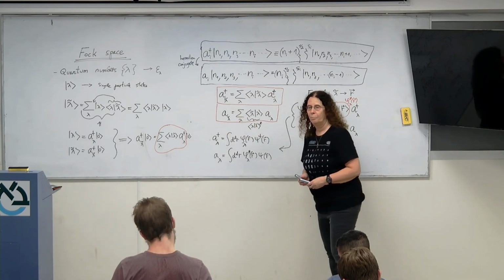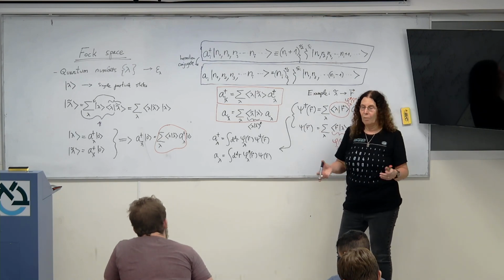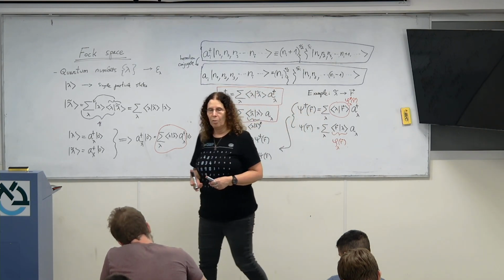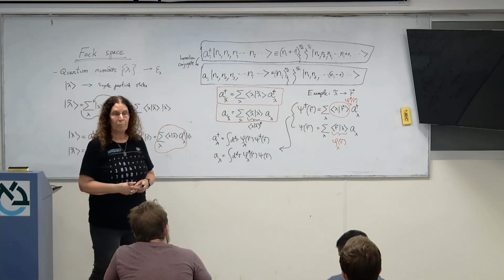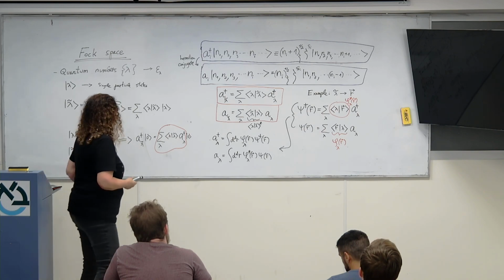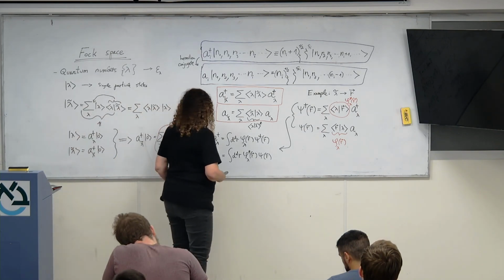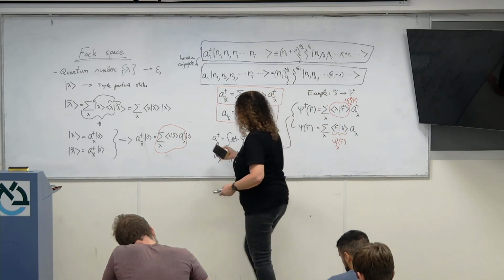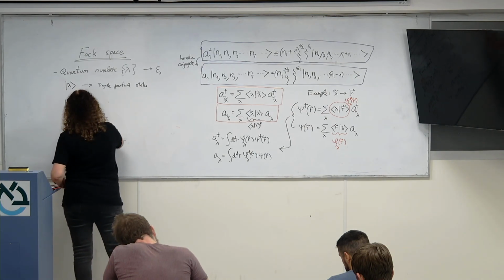Okay? Let's take an example, which I already mentioned before. Wave vector, okay? Fourier. So just Fourier transform.